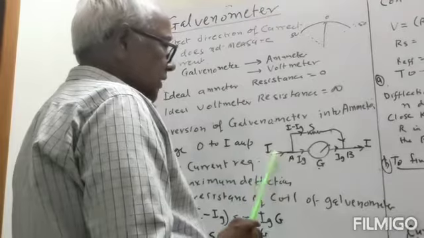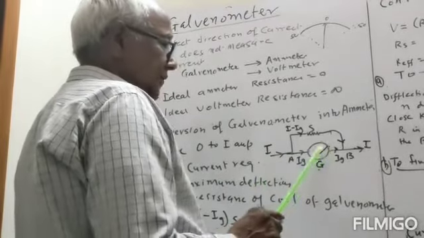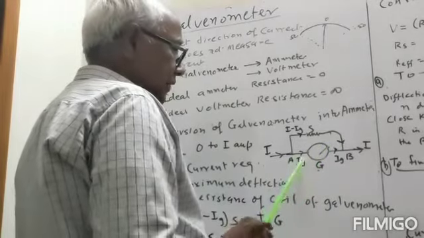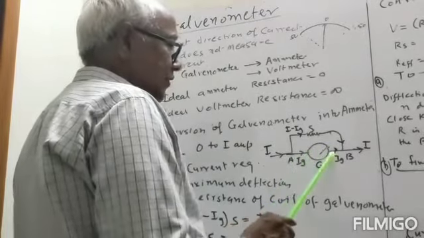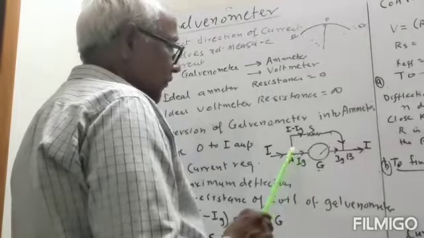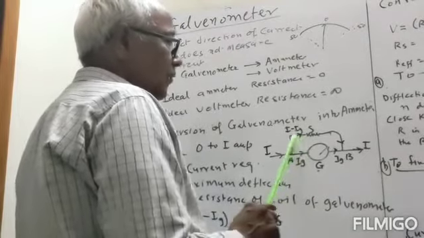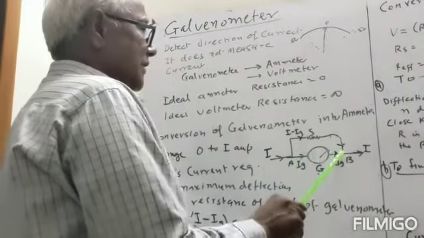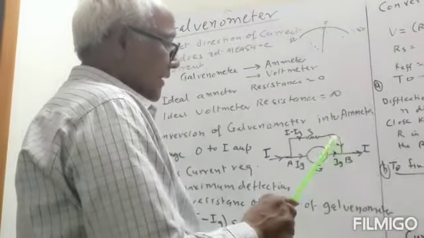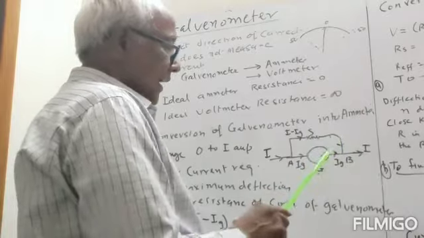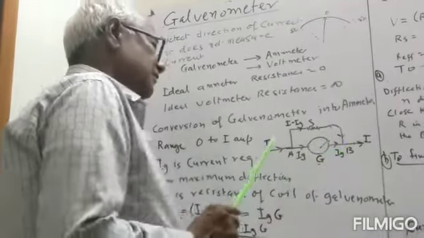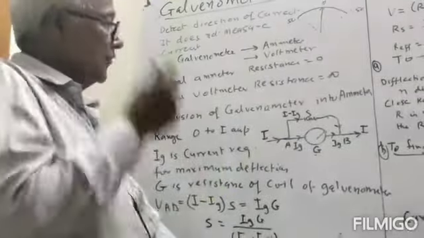So at this point there will be maximum deflection, and so the current Ig will pass through the galvanometer. Then the rest of the current, I minus Ig, will pass through the shunt S, a small resistance connected in parallel to it. Again here Ig and I minus Ig, I will be there. So how to find the value of S?